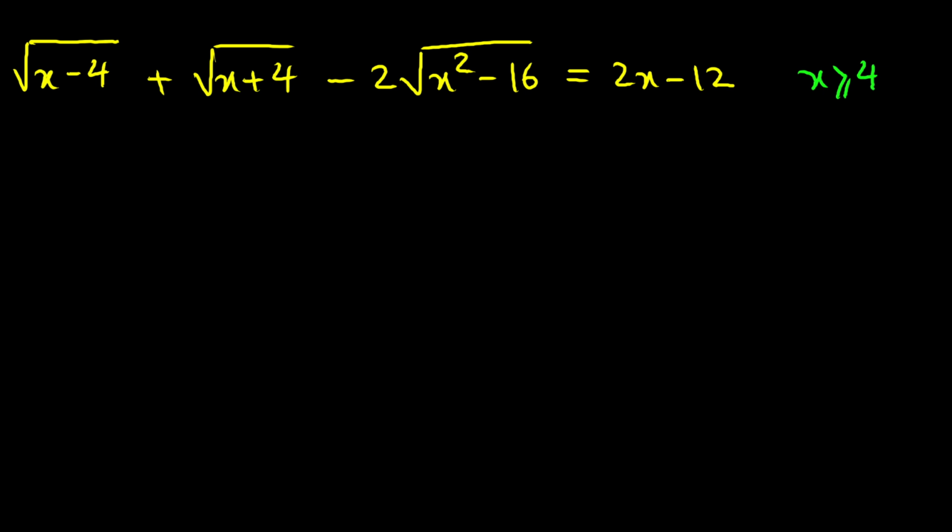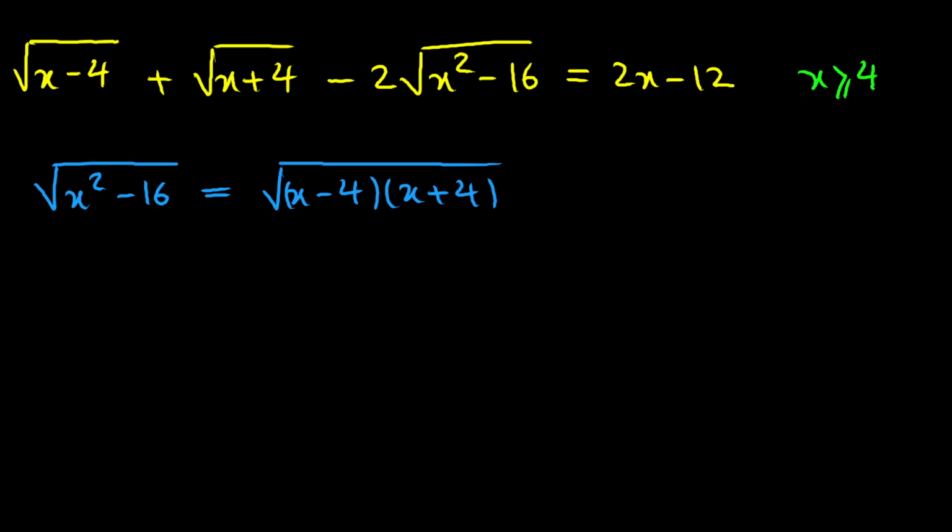And the first thing that I'm going to do is to talk about the square root of x squared minus 16. Now, the square root of x squared minus 16 is special because x squared minus 16 is a difference of two squares. Therefore, this is equal to the square root of x minus 4 times x plus 4.